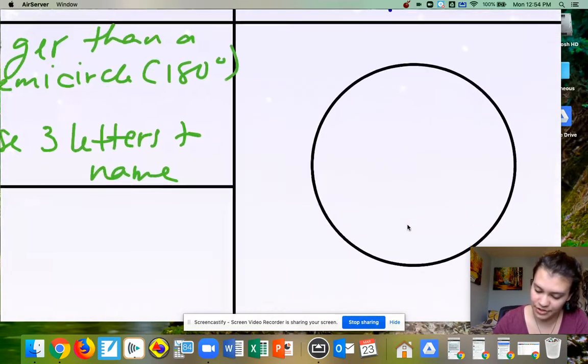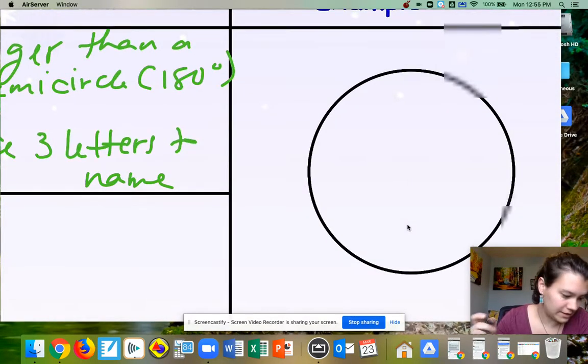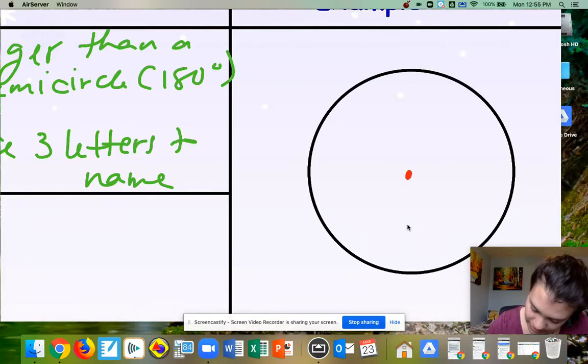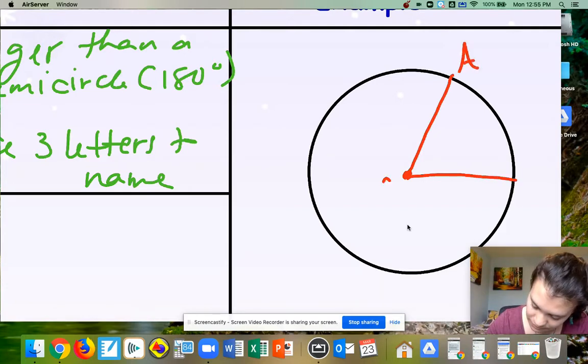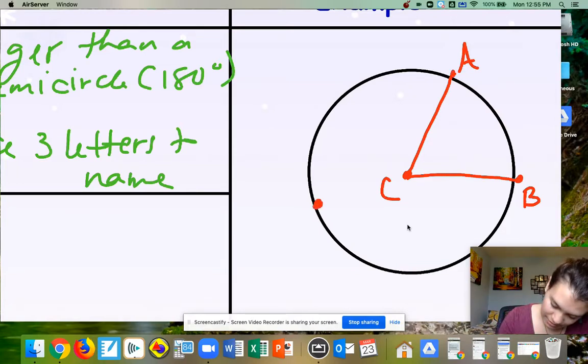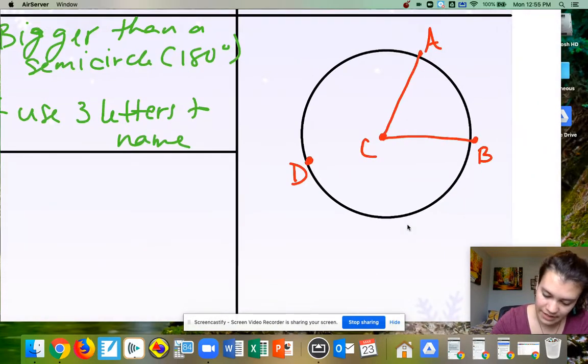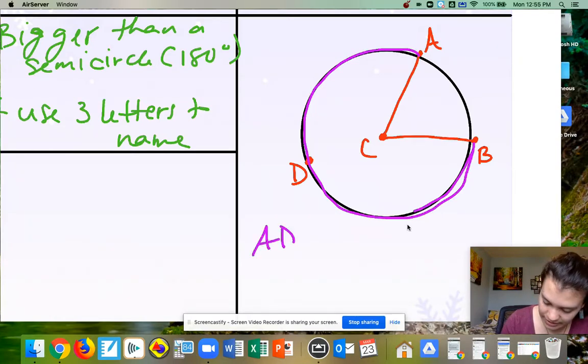So on this example over here, let's say we have our center, we can make an A and B again, and then I'm going to put D over here. If I say I want this arc, the purple one, that's obviously a major arc. It's bigger than half the circle. So you could say ADB or BDA, but you want to have 3 letters for a major arc.